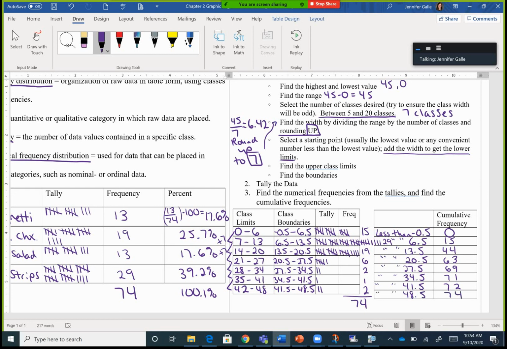So notice that cumulative piece means it just keeps building. And when you label, I'm fine if you put the little quotations there instead of writing out all the less thans, that's fine. It shows me you have the idea. Okay. Oh, I already filled it in on yours? Oh, that was nice of me. But yeah, don't worry.